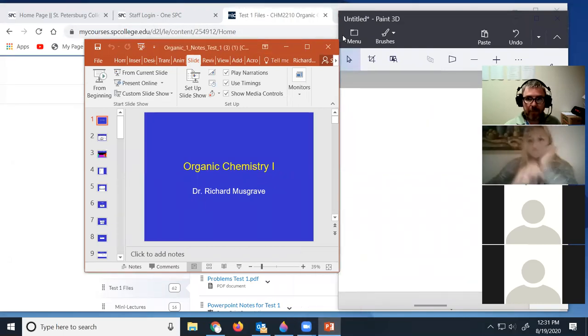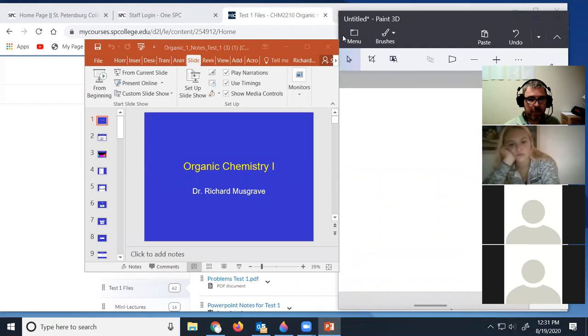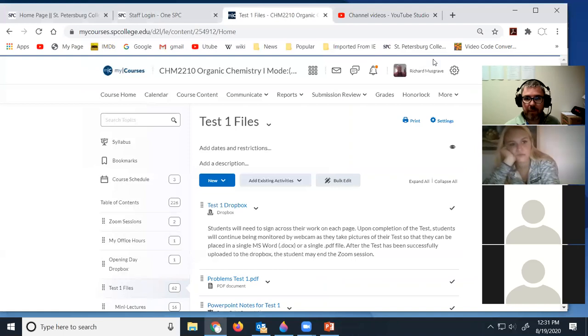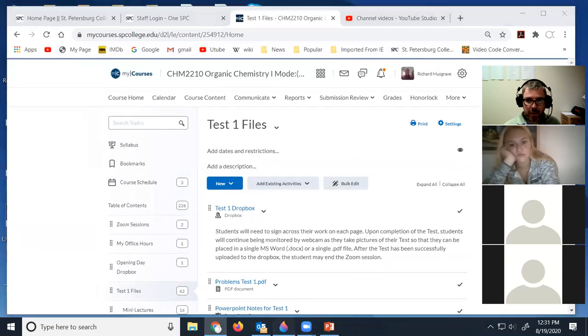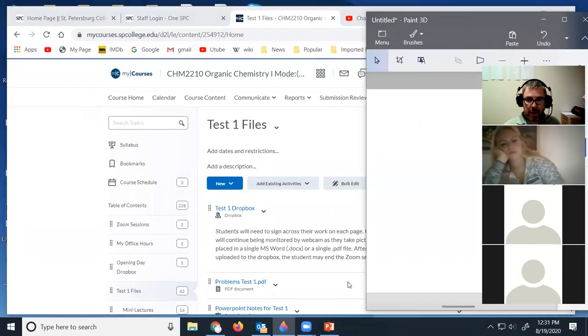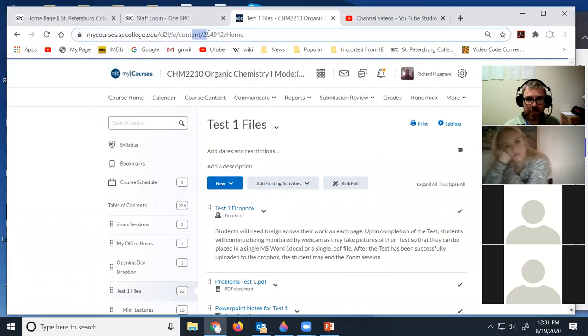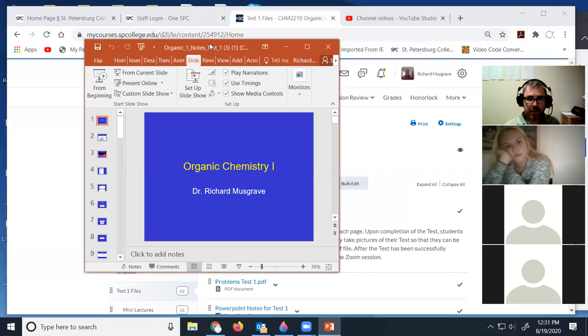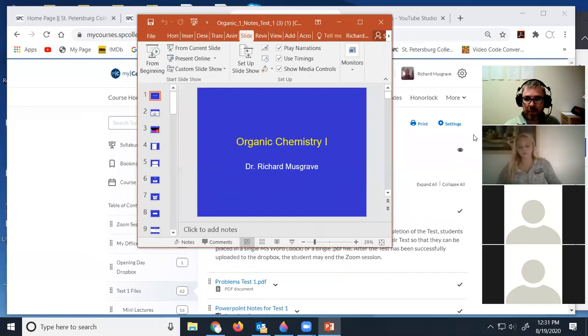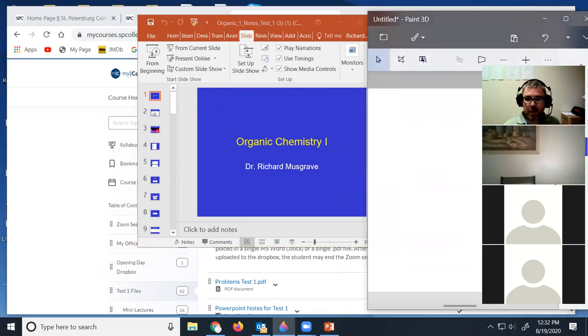I have to have the chat box up just in case somebody doesn't have a microphone. That takes up a little bit of real estate. I've also got to have my drawing pad and the PowerPoint, so I can't have that as a full screen. That's probably why it's not a bad idea for you to have those printable notes as well. But that's how I want it set up, for me at least.